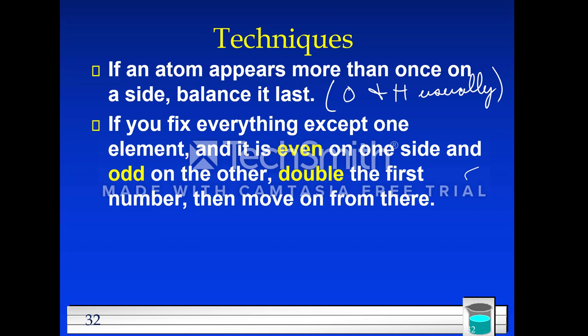So what you have to do is, if you're in that situation, whatever coefficient you've got in front of that first one, double it. It's going to force you to change all your numbers, but it'll get rid of that odd number so you'll be able to finish. This doubling thing gets rid of odd numbers. Last time I checked.